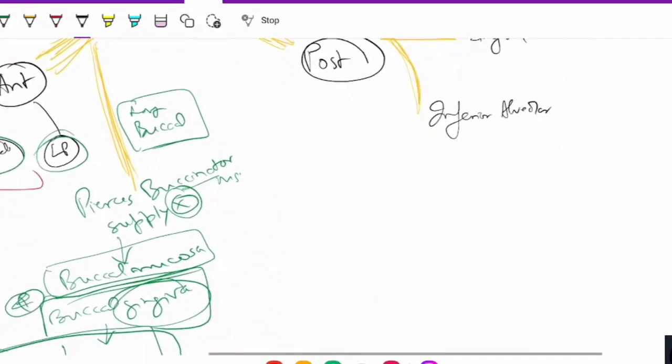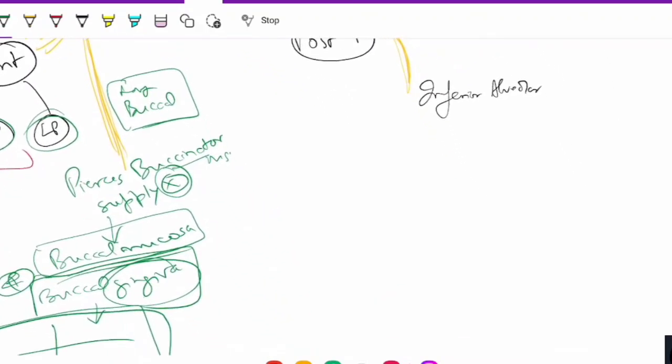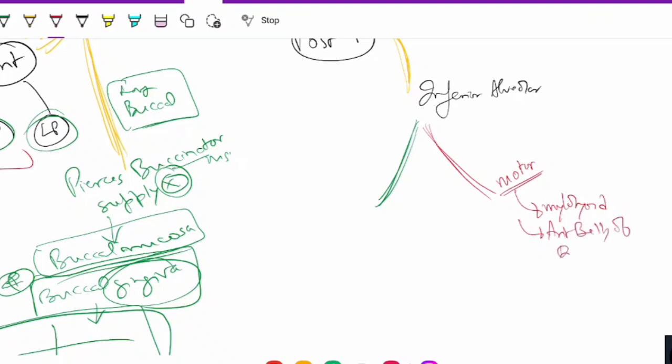We'll talk about inferior alveolar first. In the case of inferior alveolar, it gives off two branches. The motor supply of inferior alveolar goes to the muscles, that is mylohyoid and anterior belly of digastric.